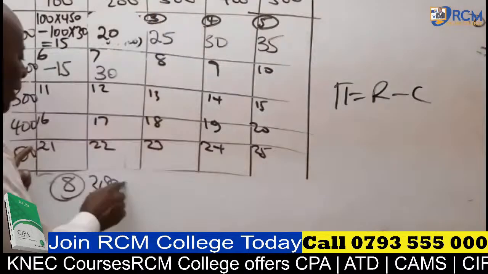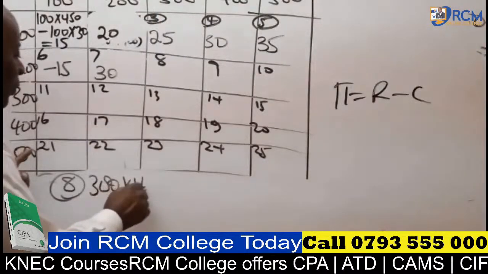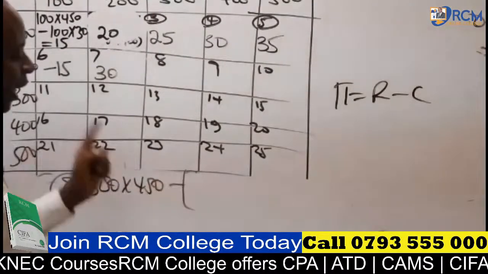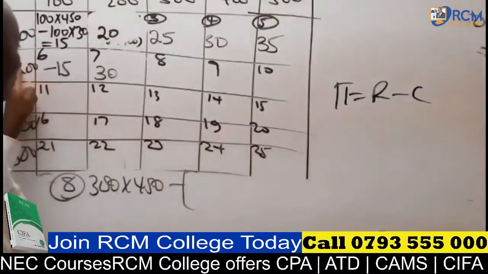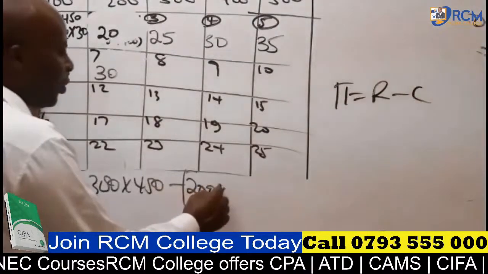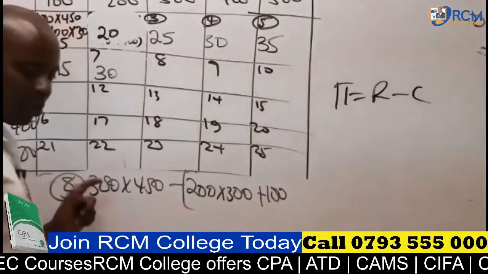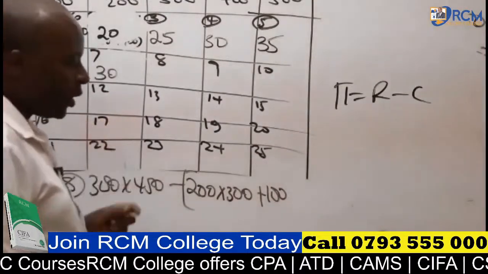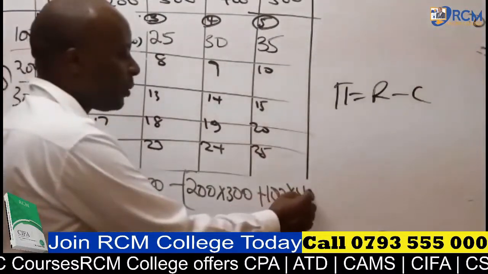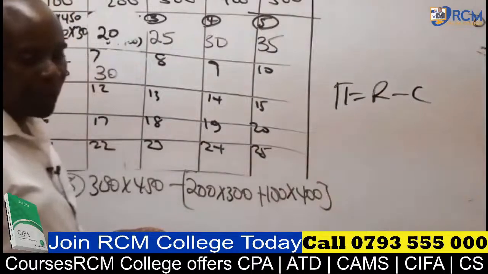So 300 times 450, minus our cost of production. There is a normal cost of producing 200 at 300, plus 100, because now we have to push up 100 more, and the cost of producing more is 400.